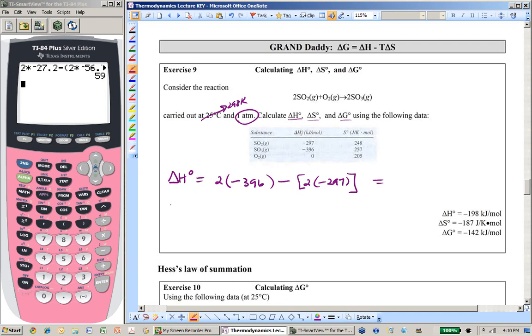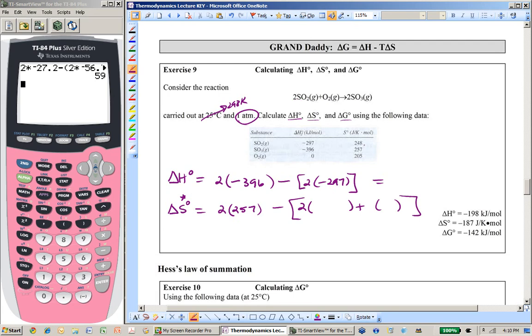Let's go ahead and set up delta S, because it's the same song, second verse. 2 times my SO3, so I find SO3, but this time I'm grabbing the S value of 257, and I'm on alert that the units are different here. Minus 2 times, now this one I am going to have to do the whole bloody thing. Okay, so 2 times the SO2 value.